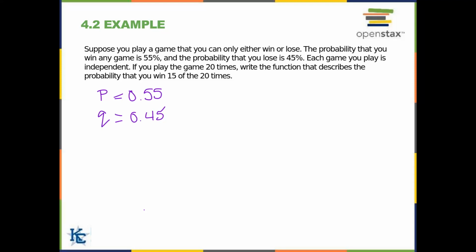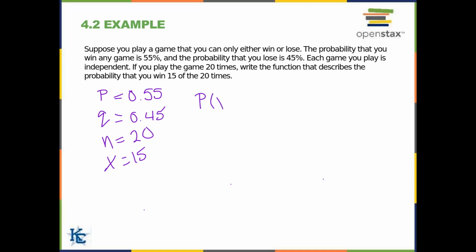If you play the game 20 times, so 20 is the number of trials, write the function that describes the probability that you win 15 of the 20 times. So we want to talk about if we had 15 successes. We could put it into that binomial formula we just saw, and it would look like this.